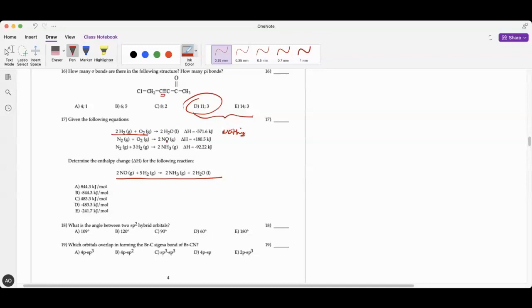This reaction here, I'm going to reverse it because we have 2 nitrogen monoxides as reactants here. So I'm going to reverse this equation here because we want the nitrogen monoxide as a reactant. And then this one here, okay, so I reverse this one so the nitrogens will cancel out. Okay, that's good.